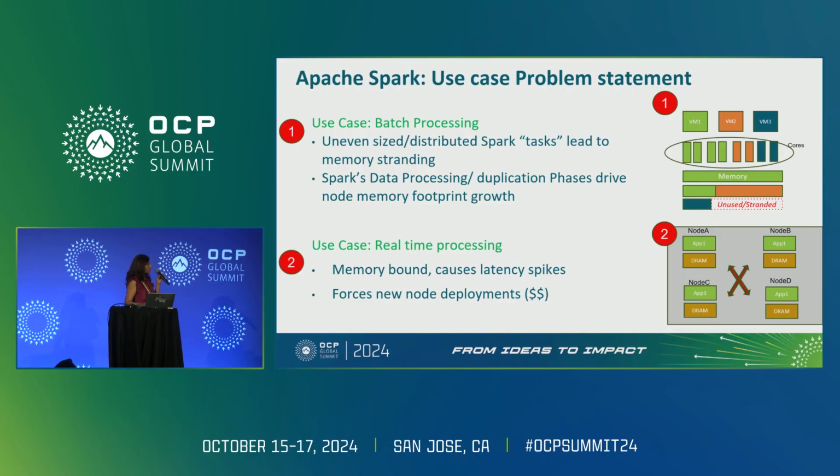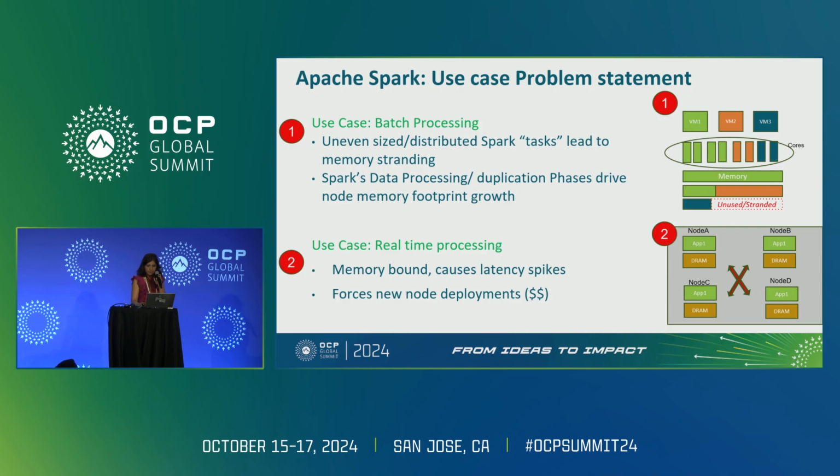In the case of real-time processing, since Spark is a memory-bound workload, latency spikes can also force new node deployments, which further increases the TCO. And so the goal here is also to lower the TCO, or total cost of operations.